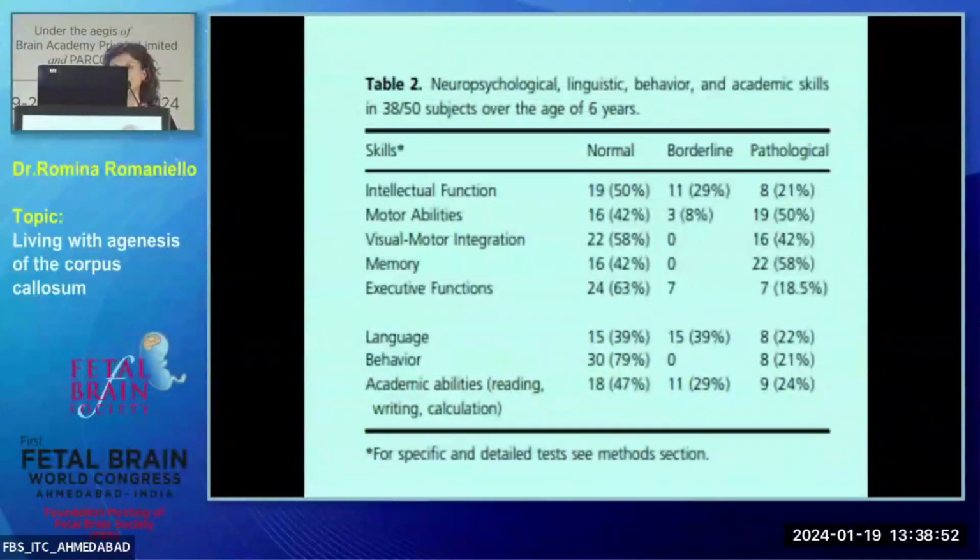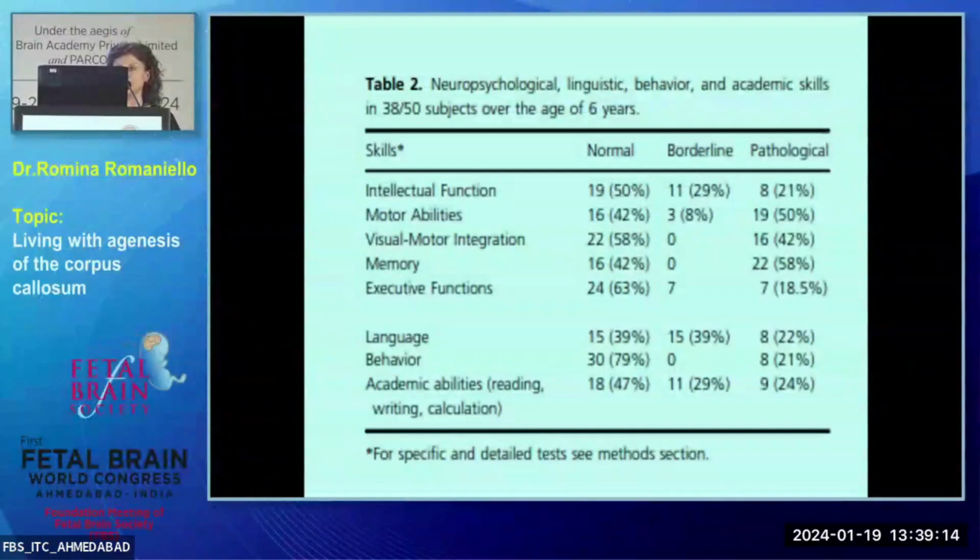Neuropsychological profile: the neuropsychological, linguistic, behavior, and academic skills profile of the 38 subjects over the age of 6 years is described in this table. You can see that intellectual function was normal in 50% of subjects, borderline in 29%, and pathological in 21%.